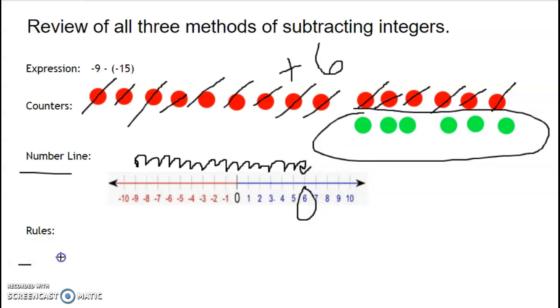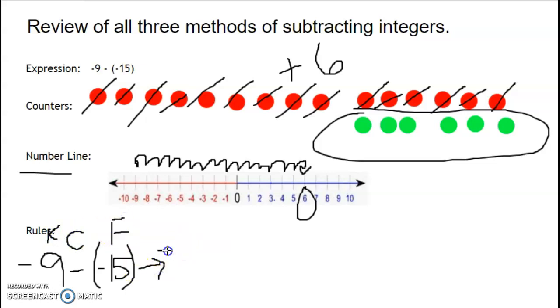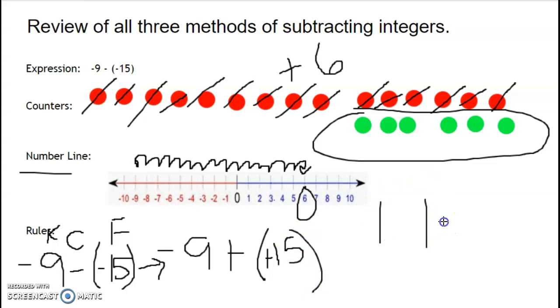And using my rules, I've got negative 9 minus negative 15. Remember, we want to keep our first term, change subtraction to addition and find the opposite of negative 15. So this now becomes negative 9 plus positive 15. All right, now since we have opposite signs, we are going to subtract our absolute values, right?